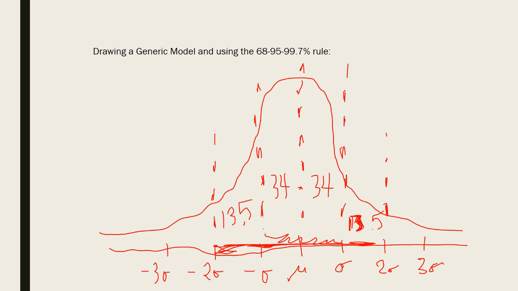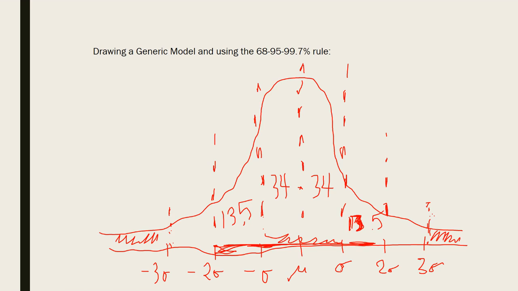Now, how much information exists in the tails? We've already talked about this. 99.7% of the data in this distribution exists within 3 standard deviations.